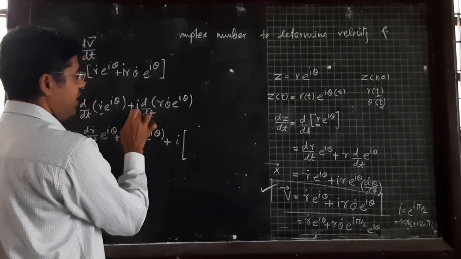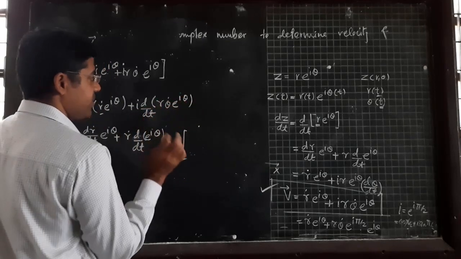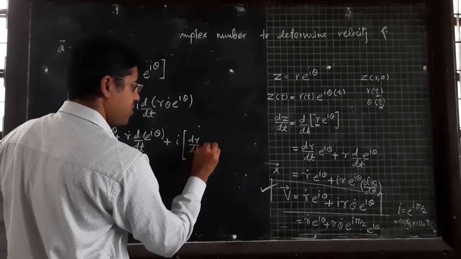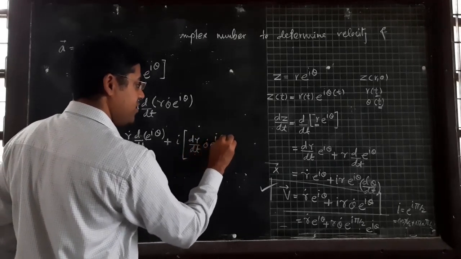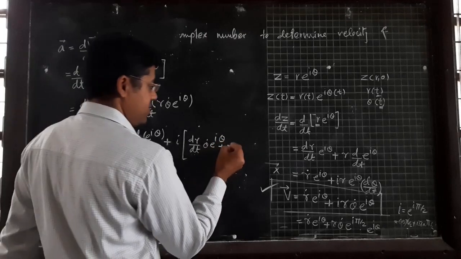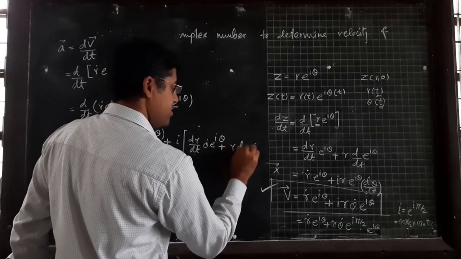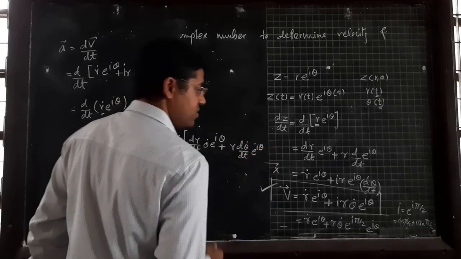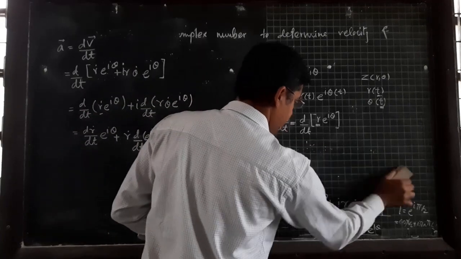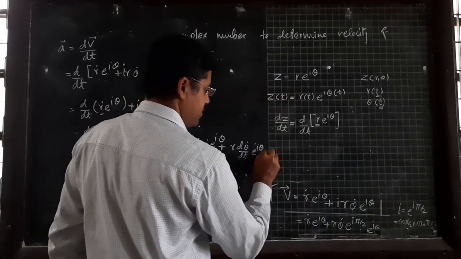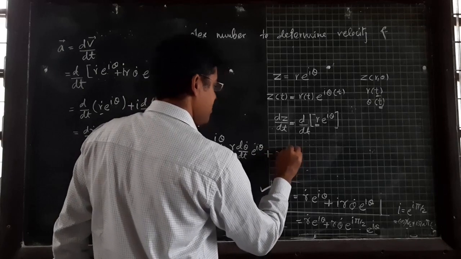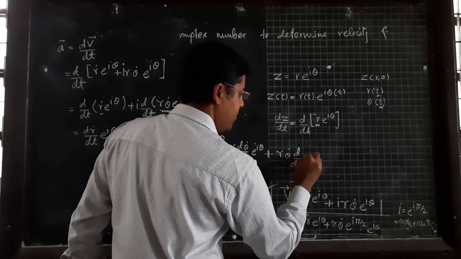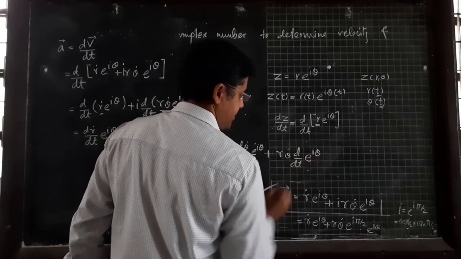Now here we have three terms, so first you will write dr by dt, remaining two are constant, e raised to i theta, plus this r is constant, d theta dot by dt, second one, e raised to i theta. Okay, and plus first two terms are constant, means these two, d by dt of e raised to i theta.